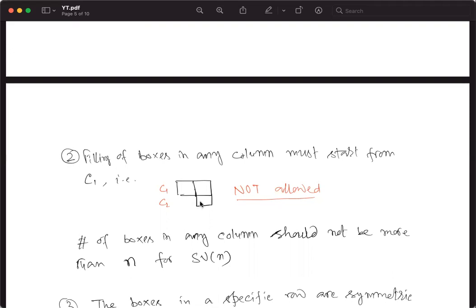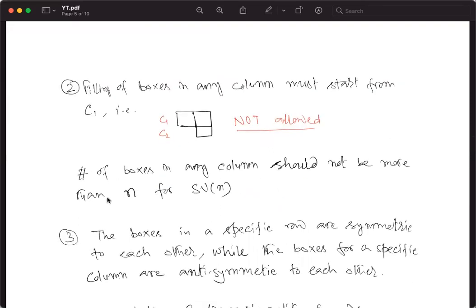But if in the next row, R2, you have only one box, and we keep that box in C2 instead of C1, leaving C1 vacant, that is not allowed. If you have one box, first you have to keep it in C1, and if you have an additional box, then you put it in C2, then C3, and so on. So we have to follow this cascade or chain rule kind of thing.